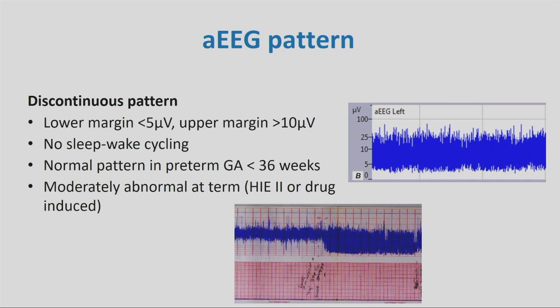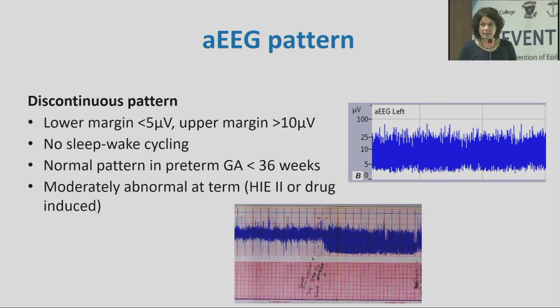And a discontinuous pattern, which is a normal pattern in preterm babies, you have the lower margin below 5 here, but the upper margin is above 10. So as I said, it's normal in preterm babies, but moderately abnormal at term.